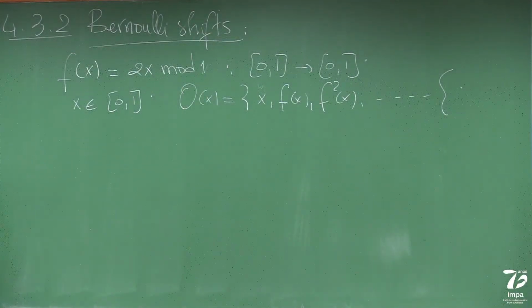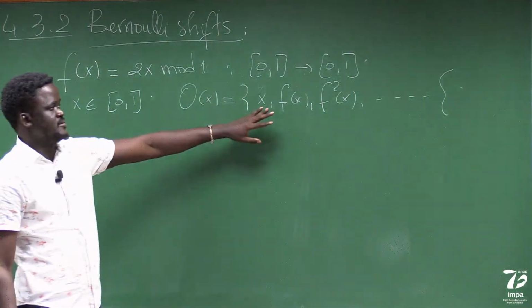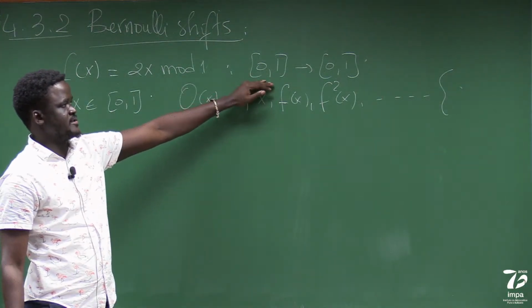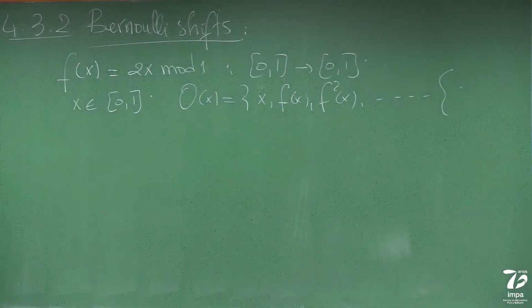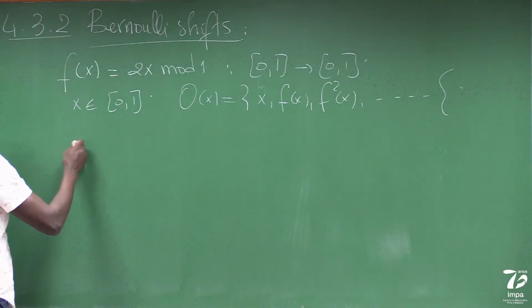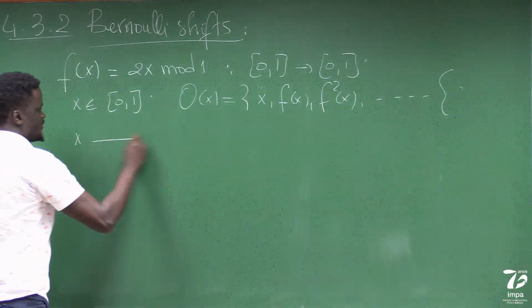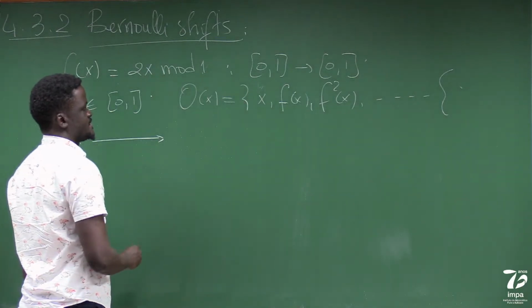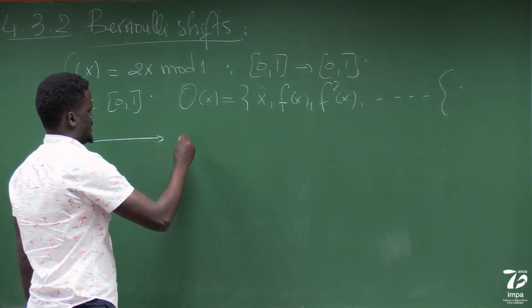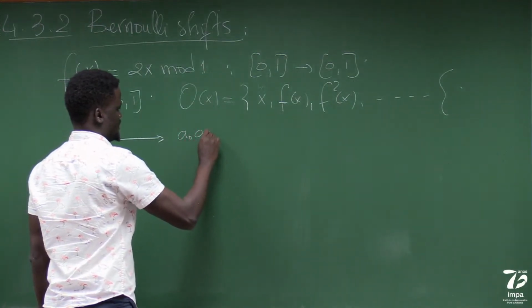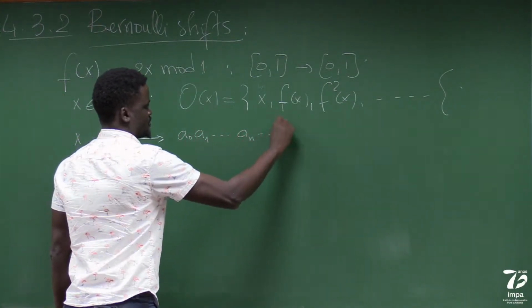You can try to write a coding for this depending on a certain partition of this interval. Let's suppose we want to associate to x a sequence of digits a0, a1, an, and so on.